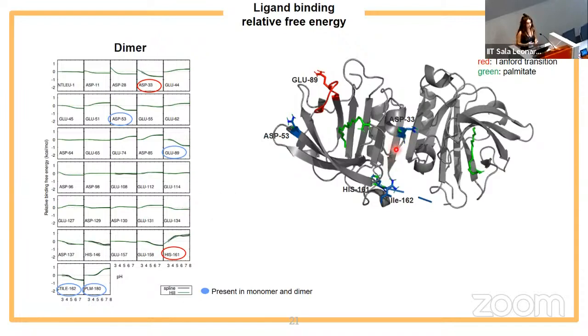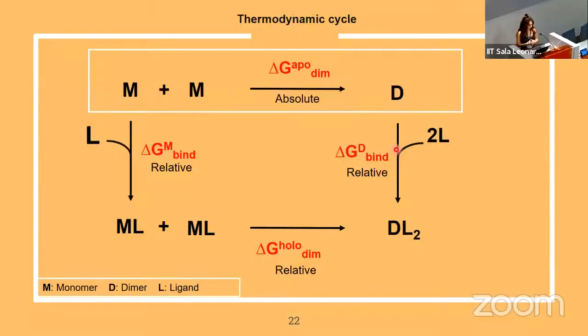So this seems to be in agreement with the fact that the binding favors the dimer's interface.